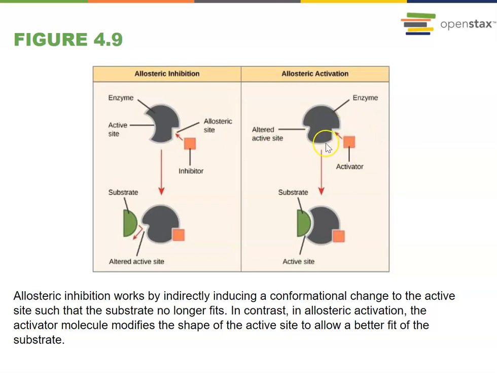Your activator comes in and binds and then causes this enzyme to change shape so that its active site can interact with this substrate. There is also another idea, which is called competitive inhibition. With competitive inhibition, something that's not the substrate would come and just block the active site.